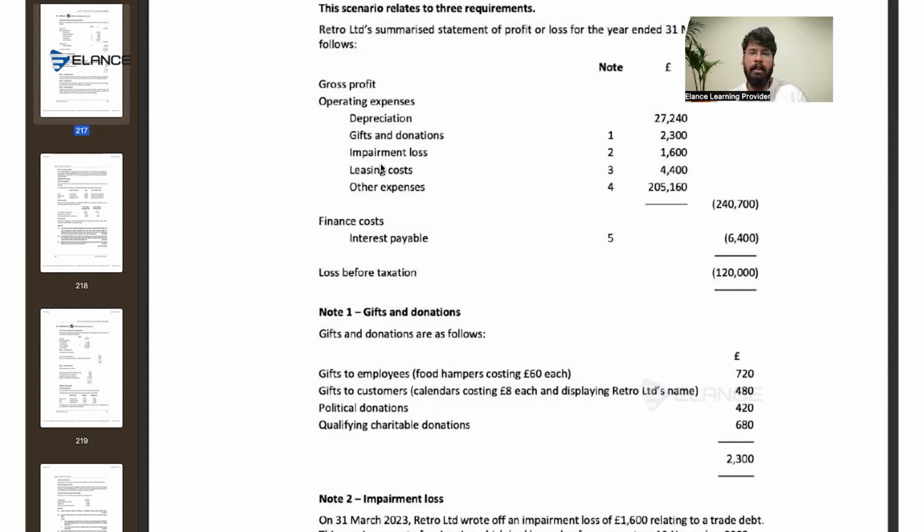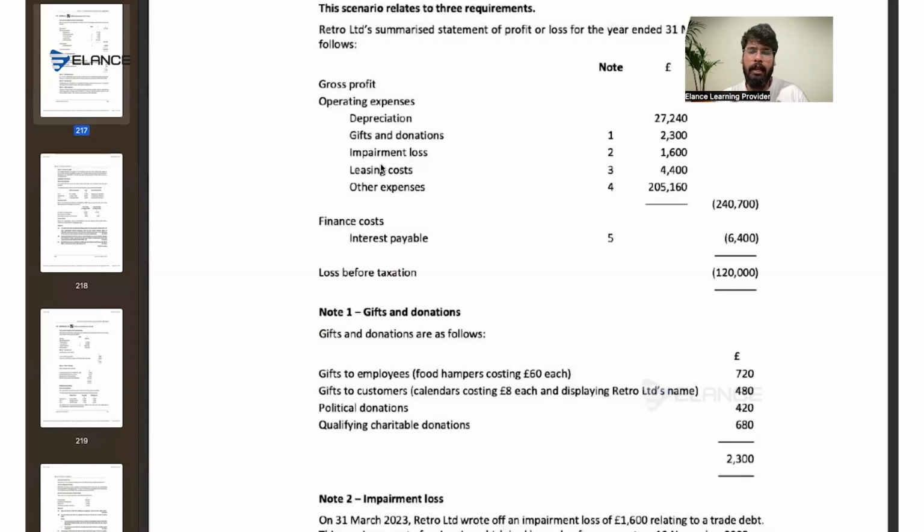Okay, and there are some criteria. If a gift is given for the purpose of advertisement, it should not be in the form of food, drink, or tobacco items, and the cost of the gift should be below 50 pounds per head.